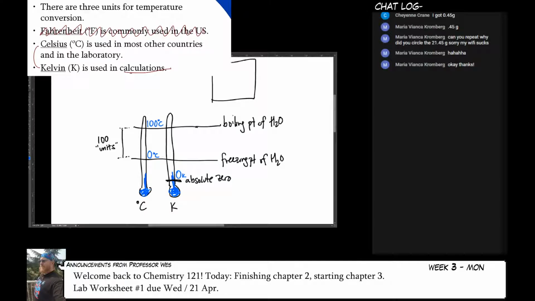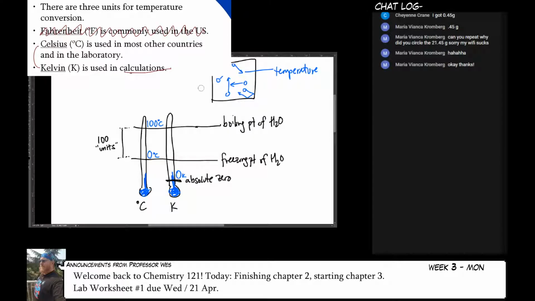But temperature is the motion of gas particles as they bounce around a container, and the energy these have is related to temperature.